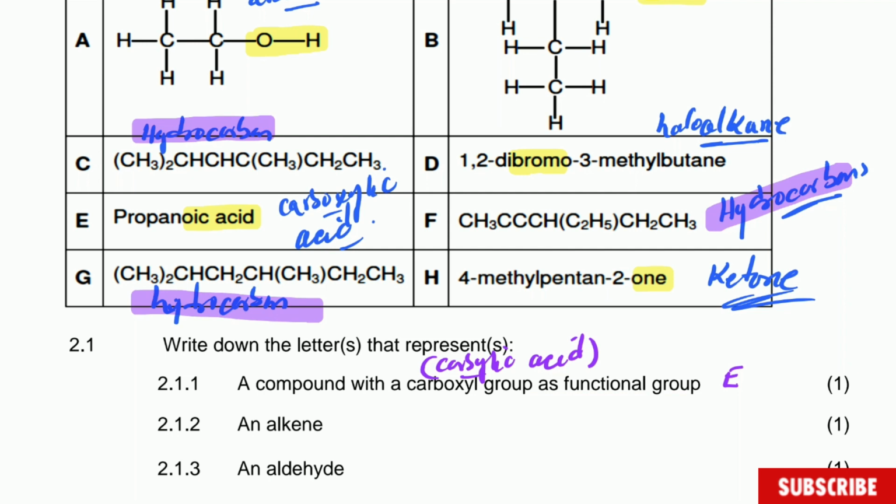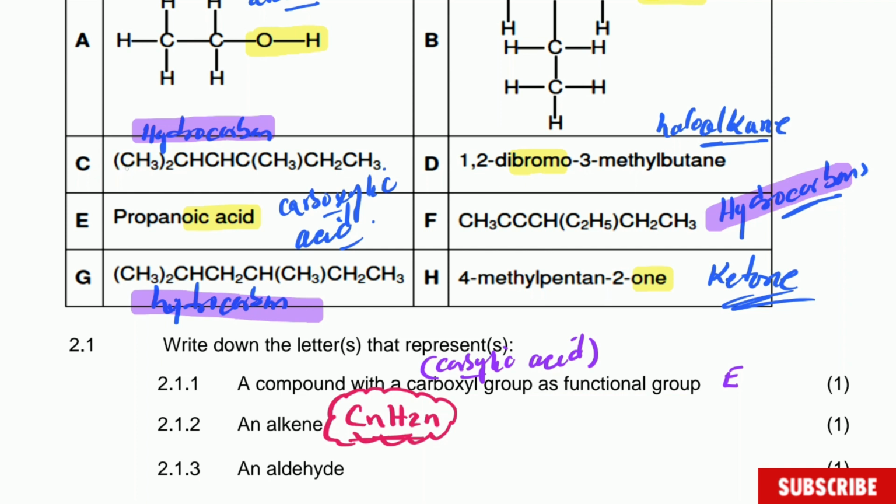Now to do this one, we are going to use the general formula. The general formula for alkene is CnH2n. This one is the general formula for alkene, and all alkenes, it doesn't matter what alkene we have, will follow this general formula. Guys, all we have to do is count the number of carbons in each of them and then see how many hydrogens there should be. So, for instance, we're going to start with compound C, and let's count the carbons.